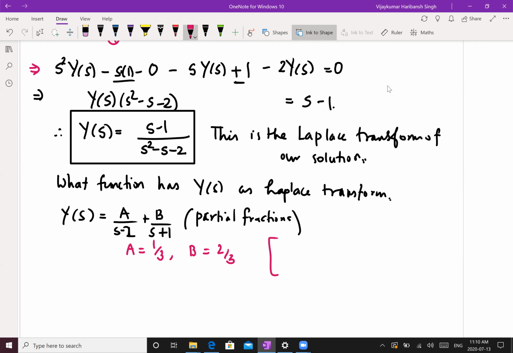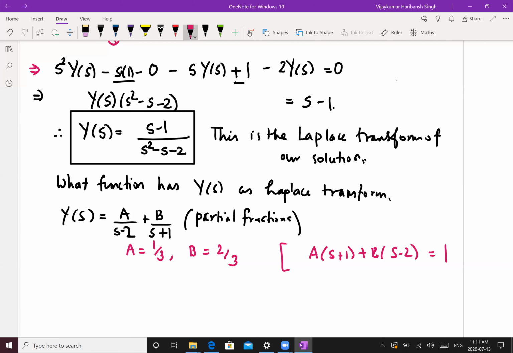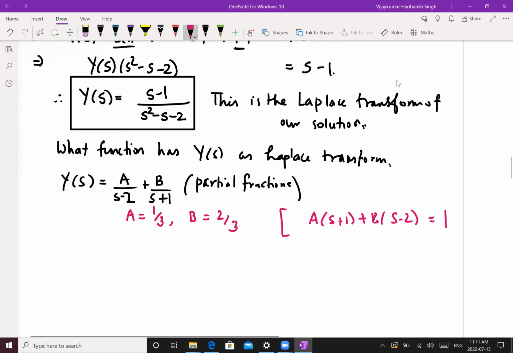So you have A times (s plus 1) plus B times (s minus 2), and then you need to find A and B.